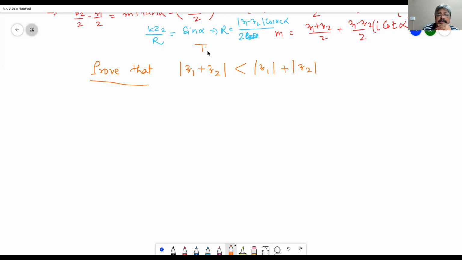So this is the triangle inequality. Sum of two sides is always greater than the third. So I give you 10 minutes to write the proof of this.